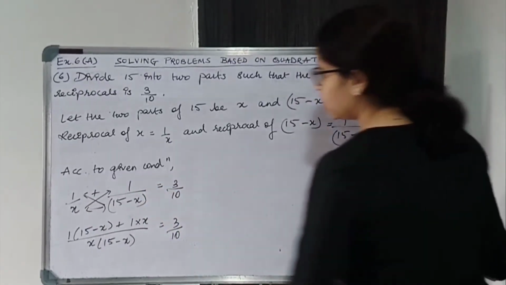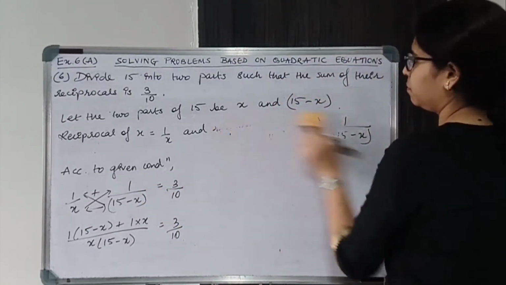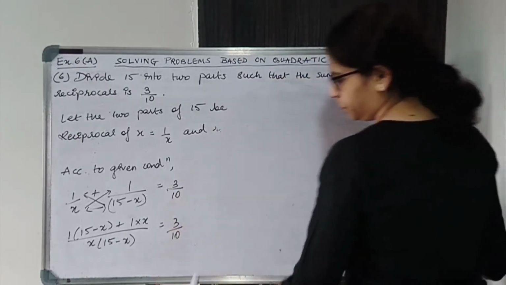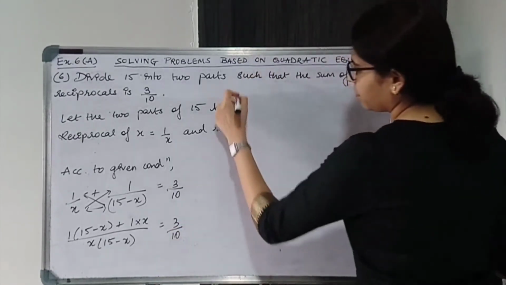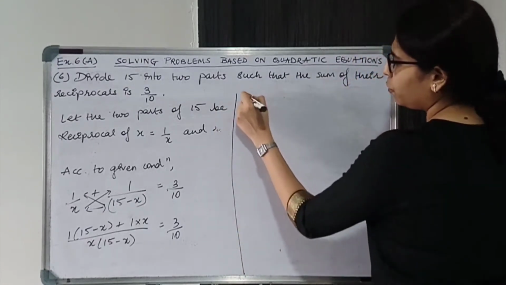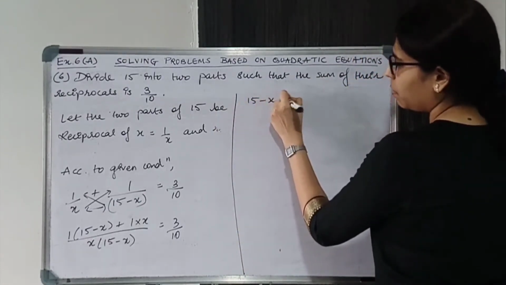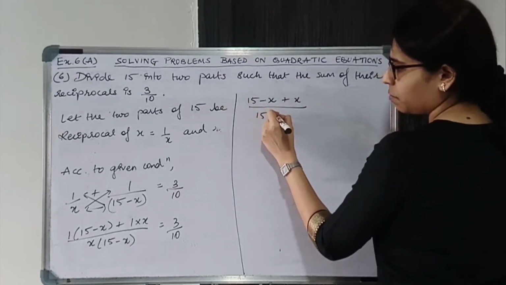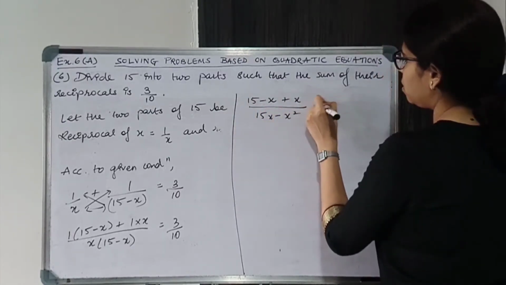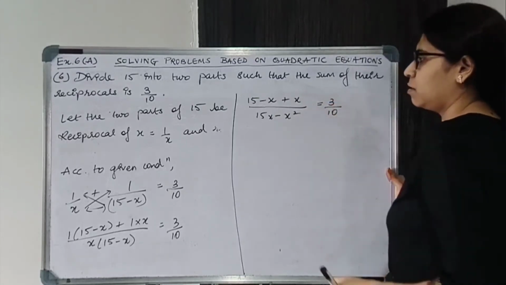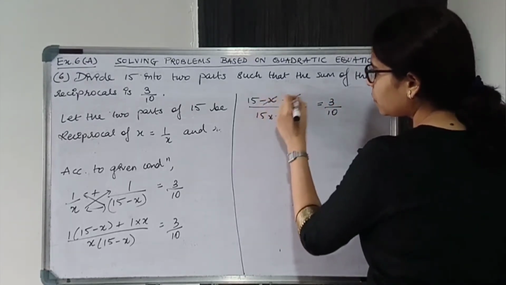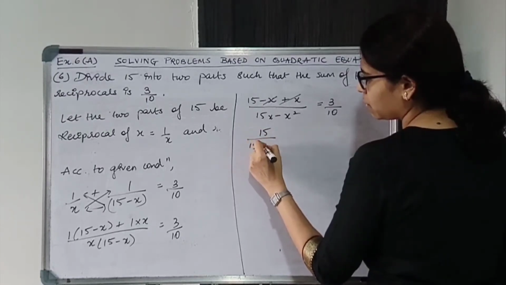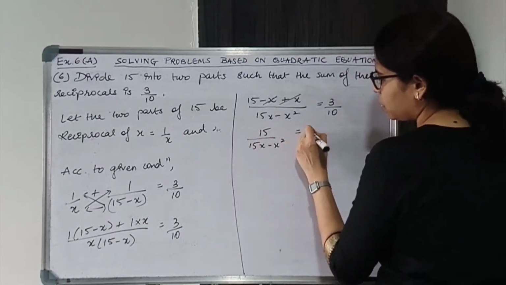Okay, it's one and the same. So 15 minus x plus x upon 15x minus x square is equal to 3 upon 10. So x will get cancelled. We are left with 15 upon 15x minus x square is 3 upon 10.